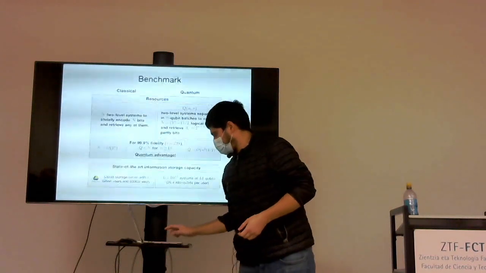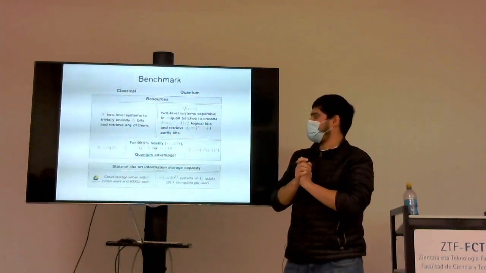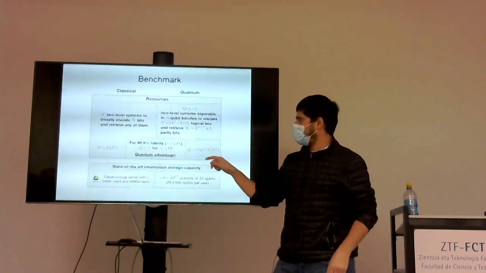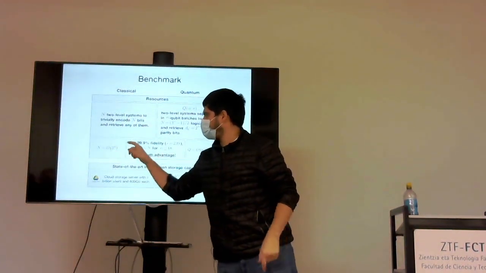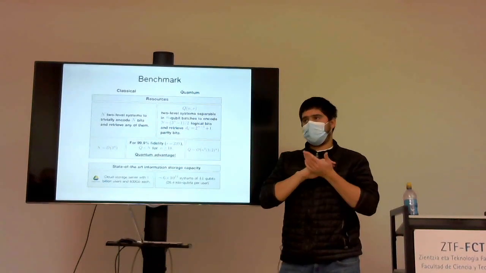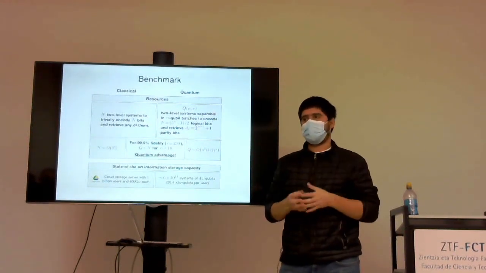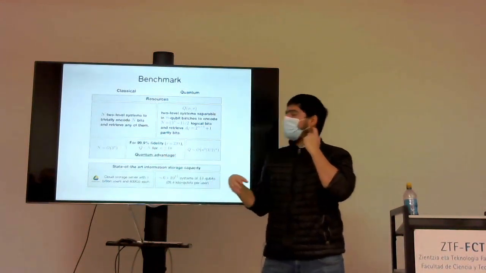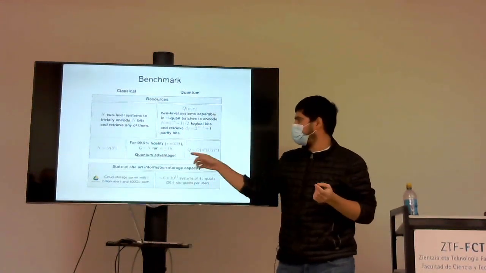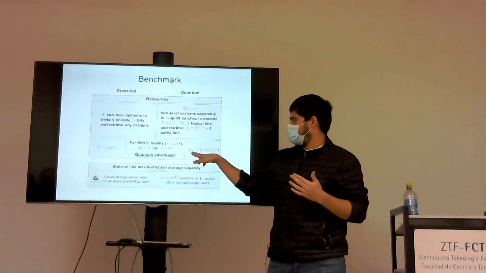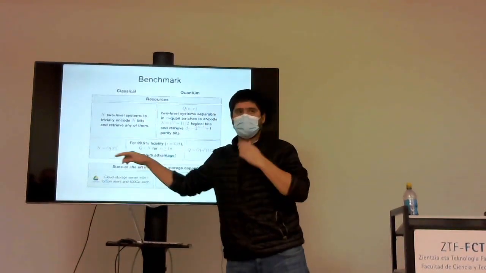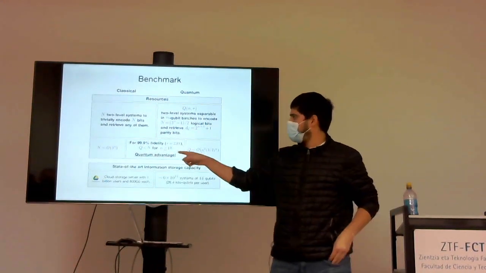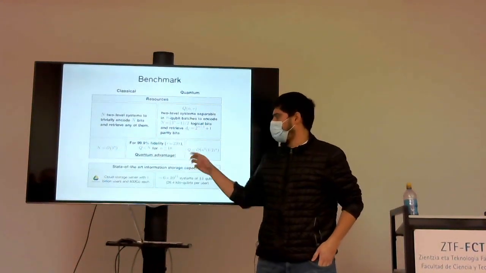And when comparing this to the classical analog, this is the number of two-level resources which you would normally need to encode and retrieve, of the order of 3 to the n bits. Let's say 3 to the n. And for more than 18 qubits, we have some quantum advantage. This number is lower than this number. So this can be considered a compression protocol for n equals 18 and onwards.